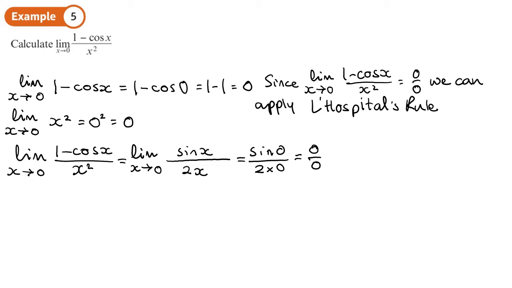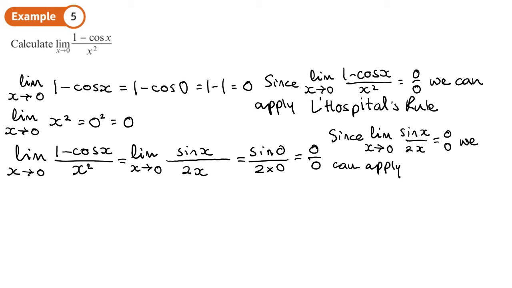Okay, so we could say since this limit is indeterminate, so sine x over 2x, we can apply, and we can differentiate both of those again. So L'Hopital's rule a second time.